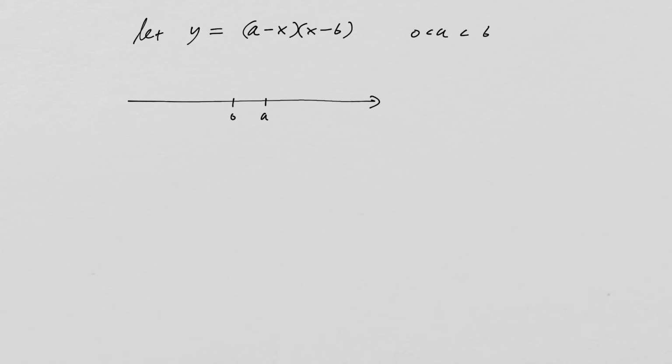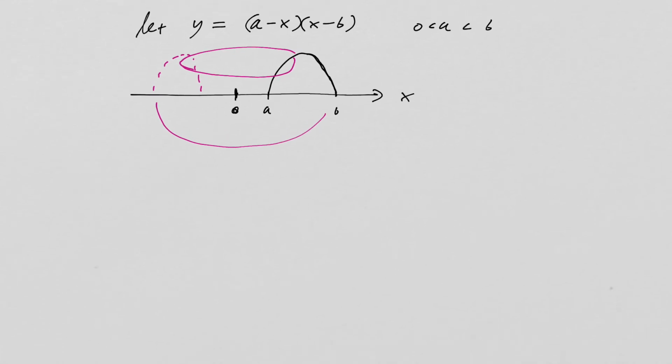I'll say a is about there, and I'll say b is about there. And that's going to form a parabola that looks like this. Okay. And this is going to be the x-axis there. There's 0. Okay. Right, and of course this is going to form that bundt cake shape sitting there.